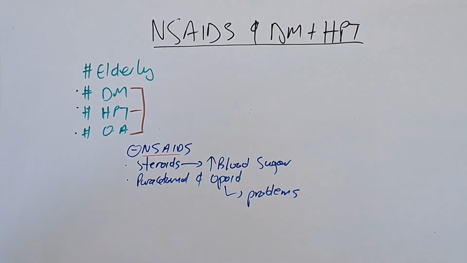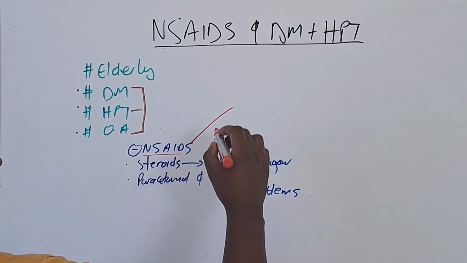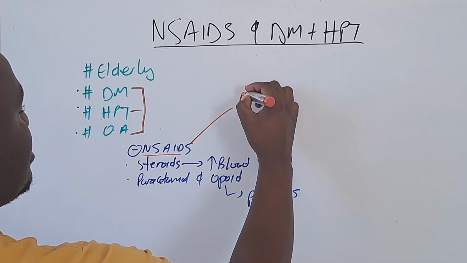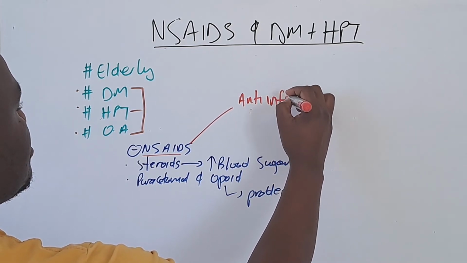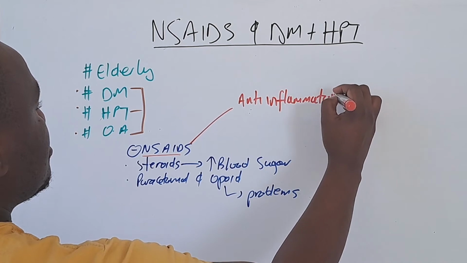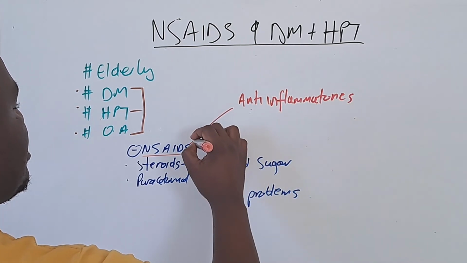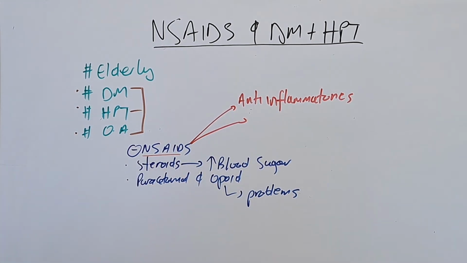Remember, NSAIDs, why do we give NSAIDs? We give NSAIDs because they are potent anti-inflammatories. I know that there are people who prescribe NSAIDs to this kind of patients without even thinking twice.